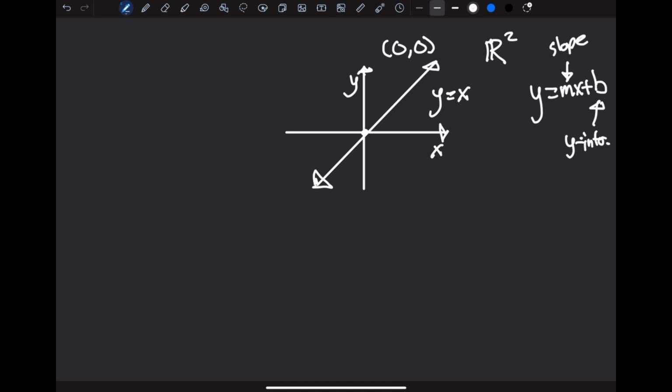So whether increasing or decreasing, a line will go on forever. So at some point, it will cross the y-axis. How long that takes depends on the slope, where it starts, things like that. But at some point it will, because every line will have a y-intercept.